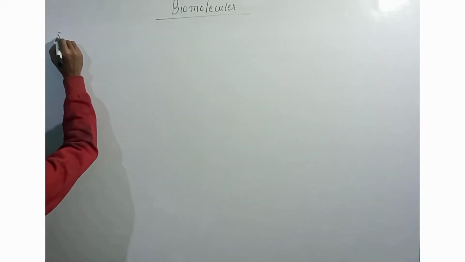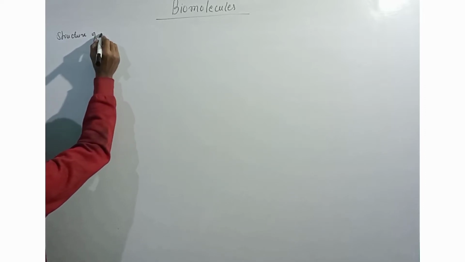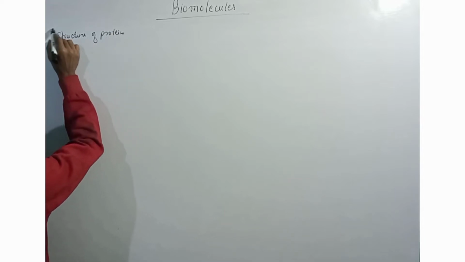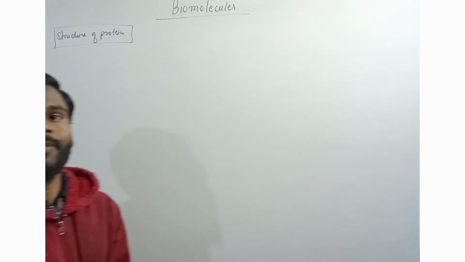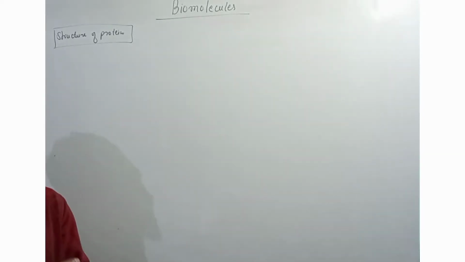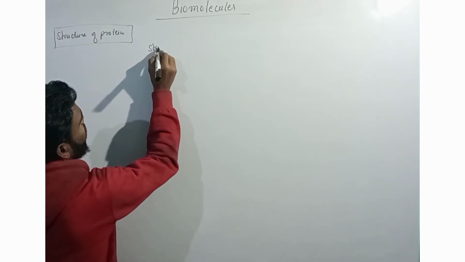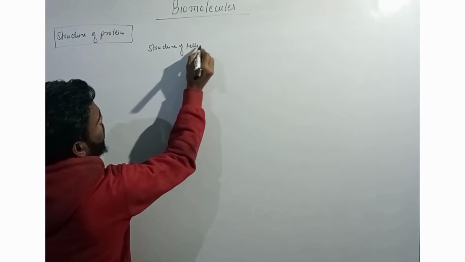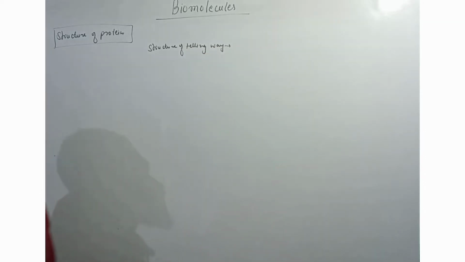Now let's see the structure of protein. Now, the way of telling structure is totally different in different fields. Okay, see, the structure telling way is different in different fields.